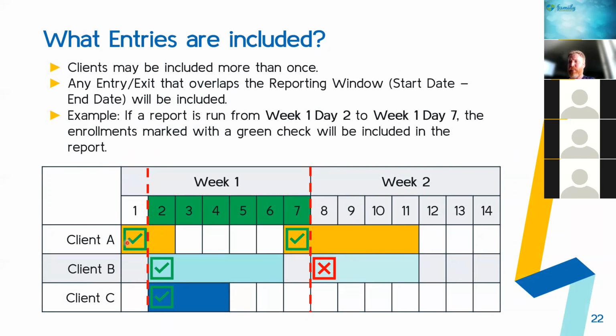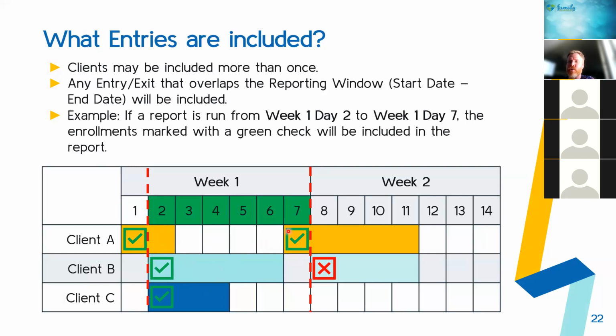Client A's first enrollment that started on the 1st is included because they exited on the 2nd, so it overlaps. Client B's first enrollment and client C's only enrollment are fully contained within the reporting window, and then client A starts the last day of the reporting window and carries over beyond that. All of those entries are included.